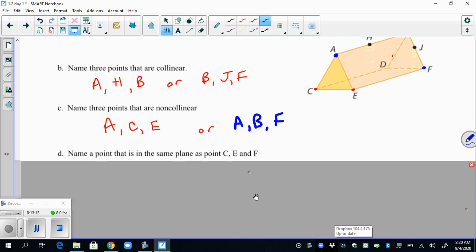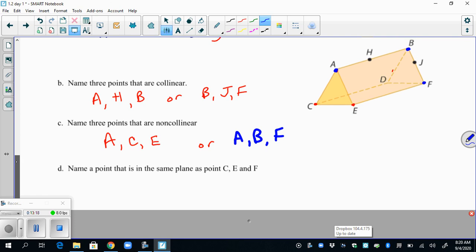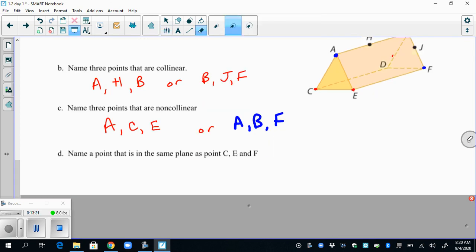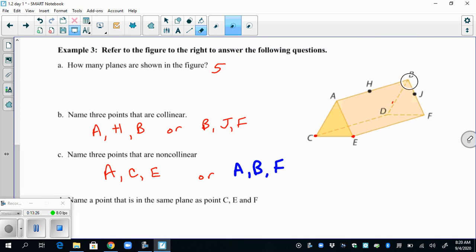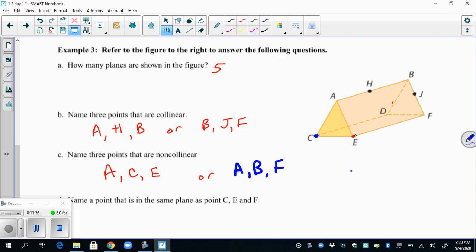All right, last question is, name a point that's in the same plane as points C, E, and F. So here's C, here's E, and here's F. So if we identify the plane that C, E, and F are all in, I'm going to highlight it here in blue.